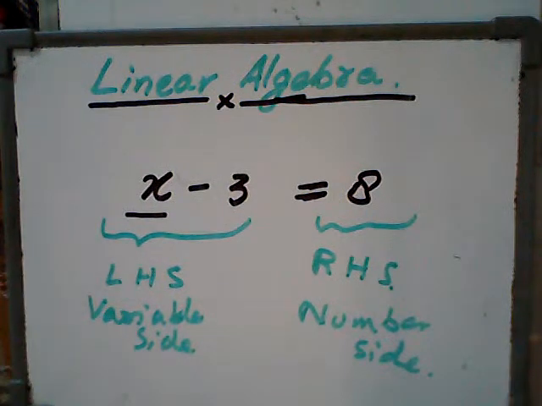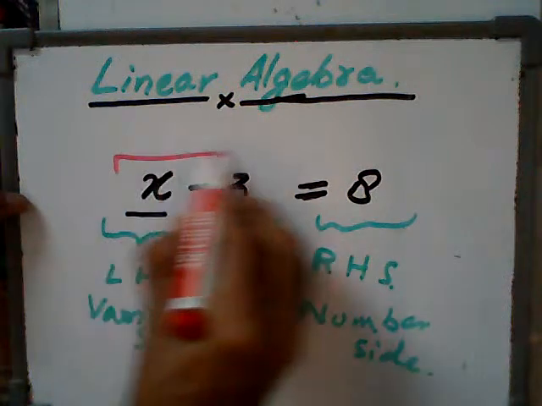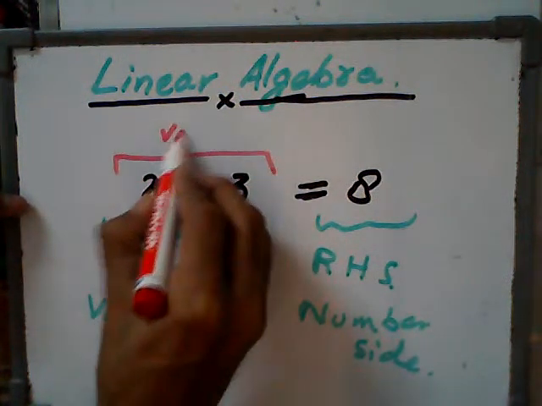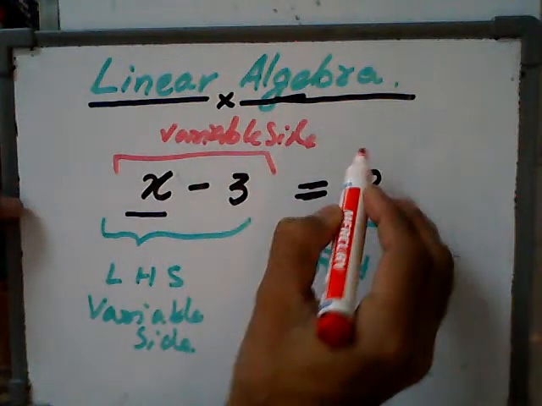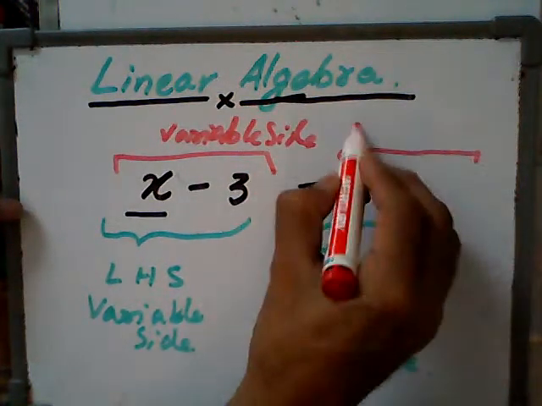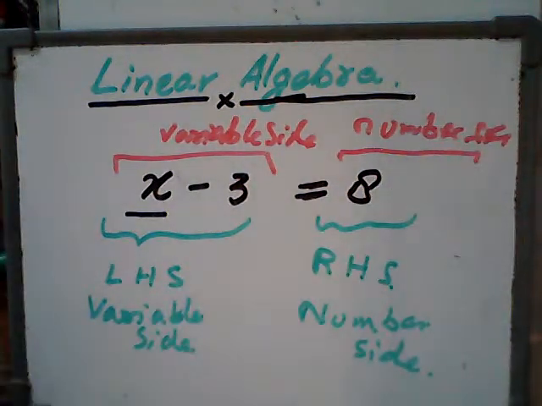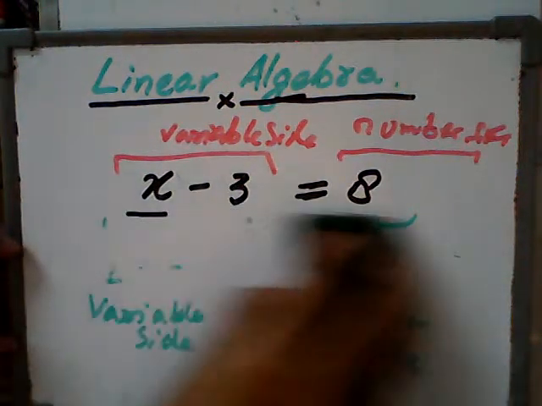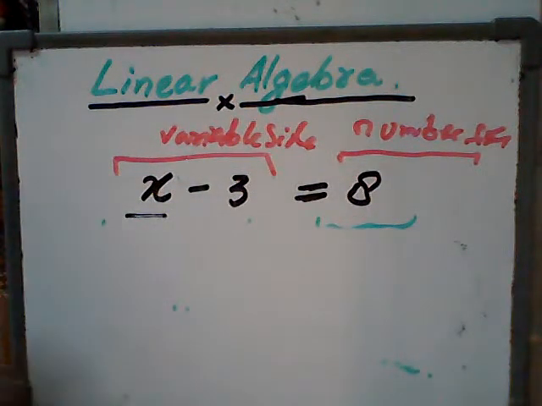So now what are we doing? We know that this is the variable side and this is the number side. Now we'll be looking for those things which are at the right place or at the wrong place. First is a variable.